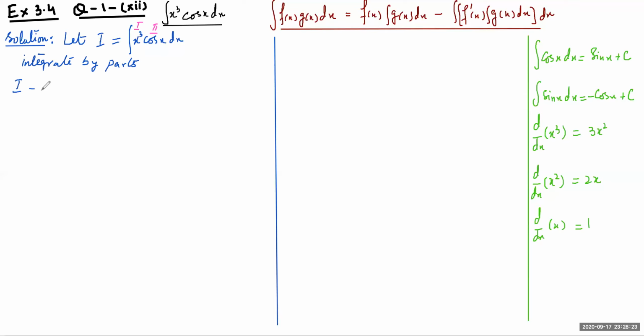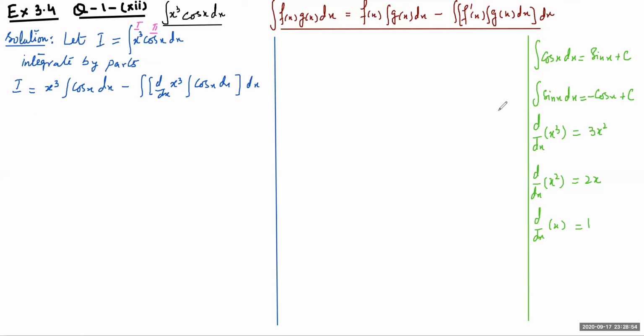Integral I becomes first function times integral of second, minus integral, bracket starts, derivative of first function, that is d by dx of x cube, into the same integral cos x dx, bracket close, and we have a dx here.